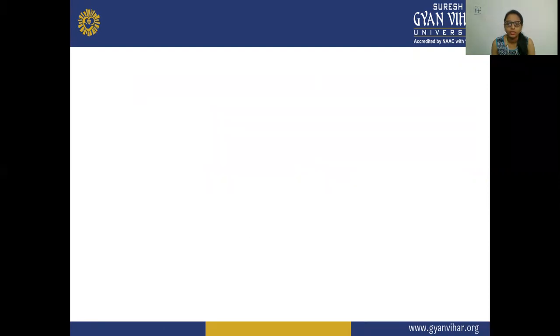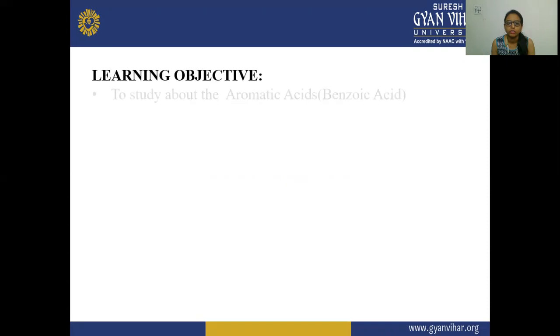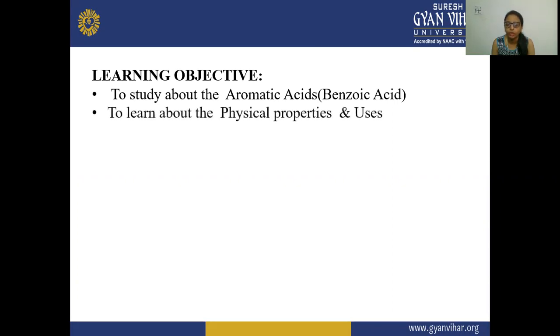In our last lecture, we studied what aromatic acids are, their types, and the physical and chemical properties of aromatic acid derivatives: the melting point, boiling point, solubility, the substituent effect on aromatic acids, and their acidity.